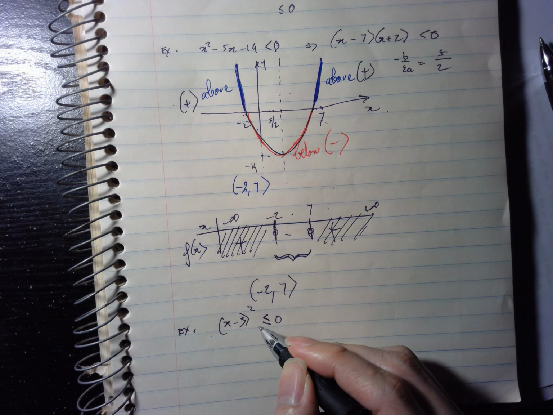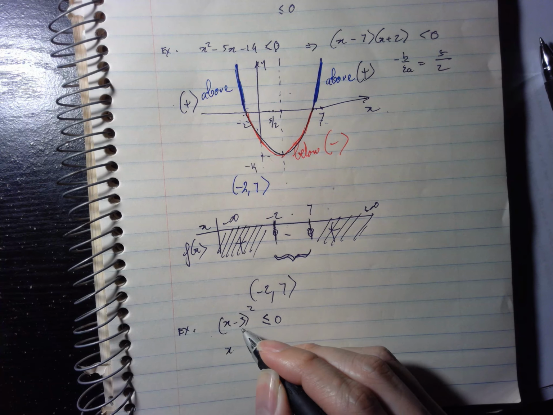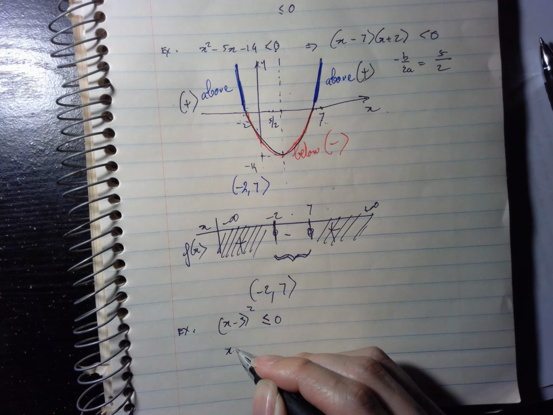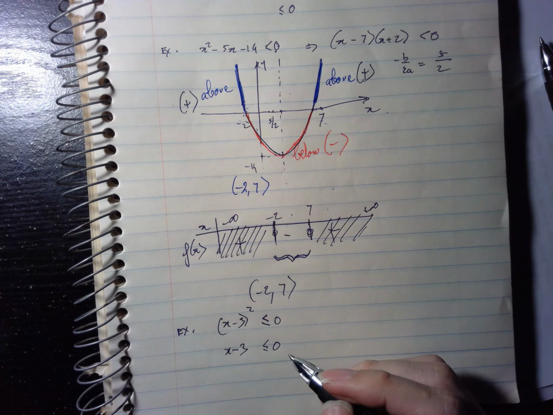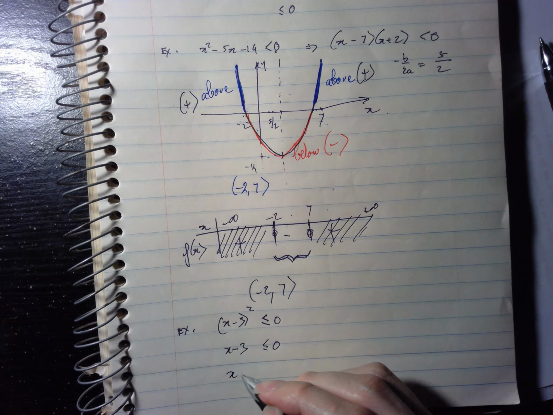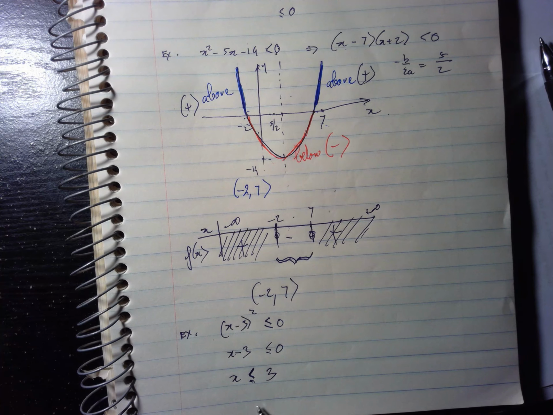You can just go ahead and take the square root. You have (x - 3)² less than or equal to 0. It means x - 3 must be less than or equal to 0. This is an algebraic way. Then x will be less than 3. Let's see, if x is less than 3, no, we cannot write it.